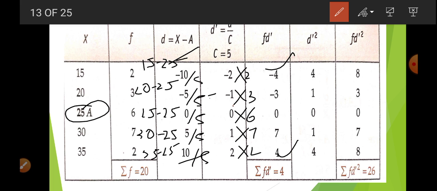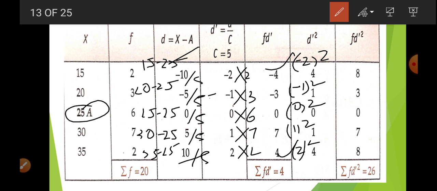Okay, now we have to do d dash square, that is, we are going to square minus 2, so we get 4, then minus 1 squared is 1, 0 squared is 0, 1 squared is 1, and 2 squared is 4.